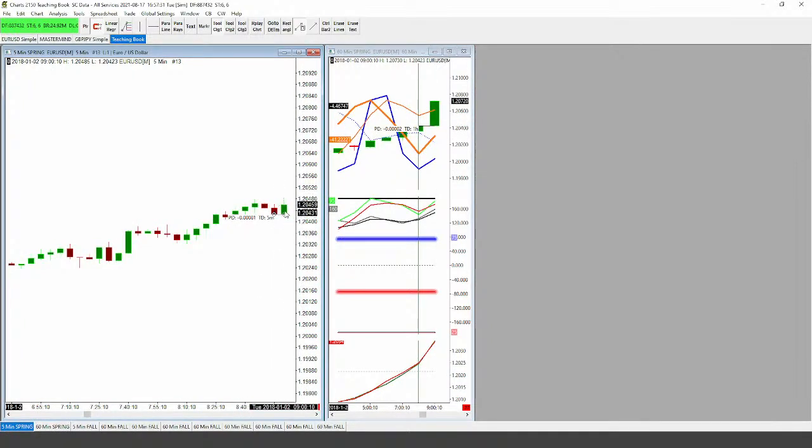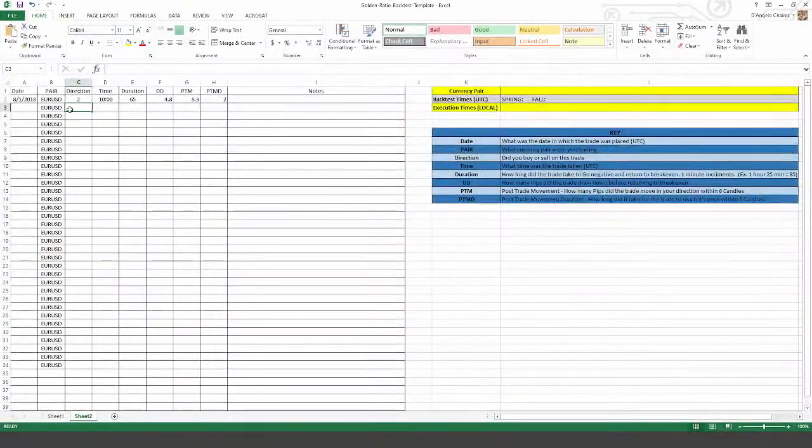What happened before that? Nothing. So all it did was go against us for those 6 candles. So we have, hang out with me, you guys. This is going to get confusing. Direction. Let's say short. Time. Let's just say 1 p.m. This is not as relevant to what I'm showing you right now. Or actually, this would be 1300.